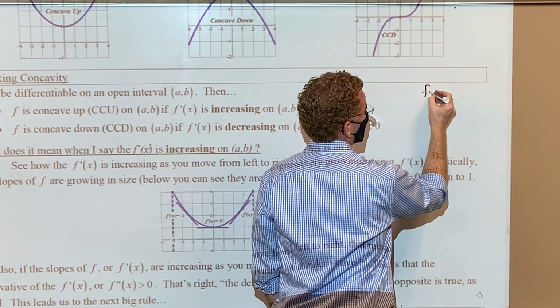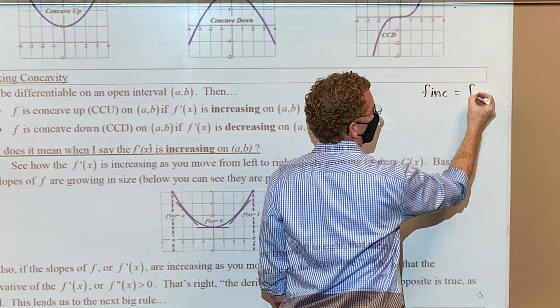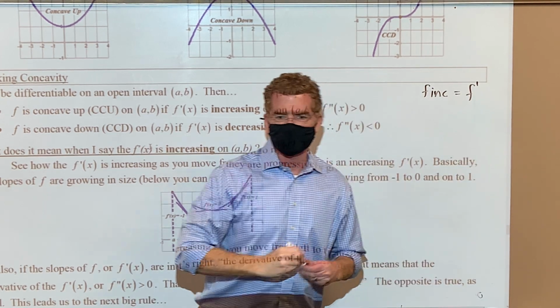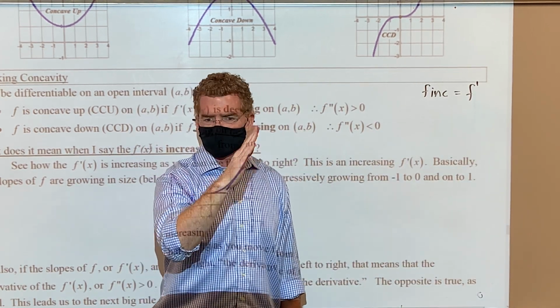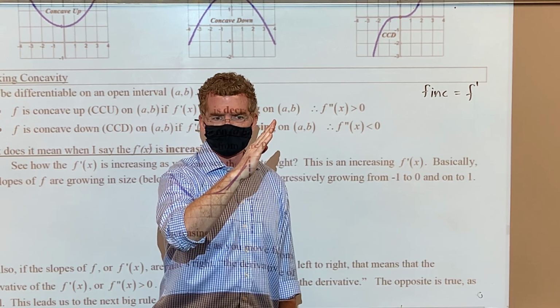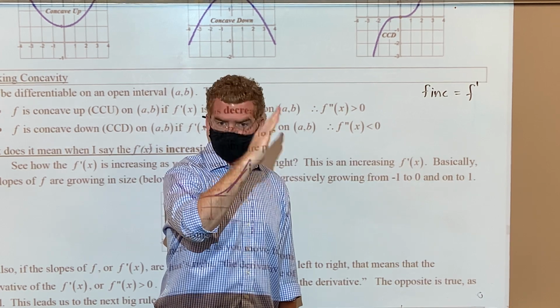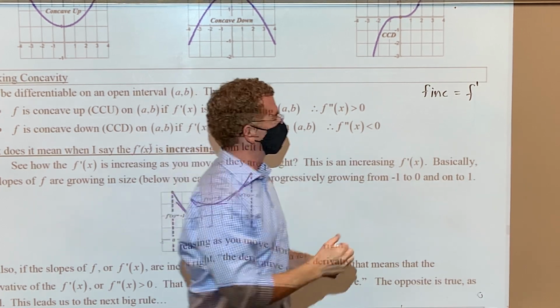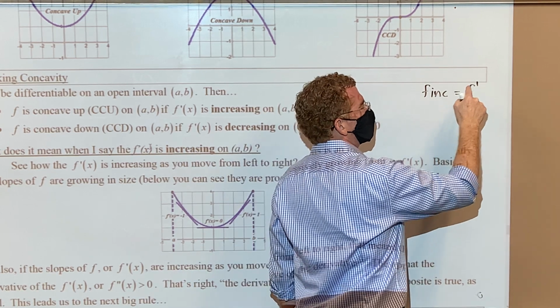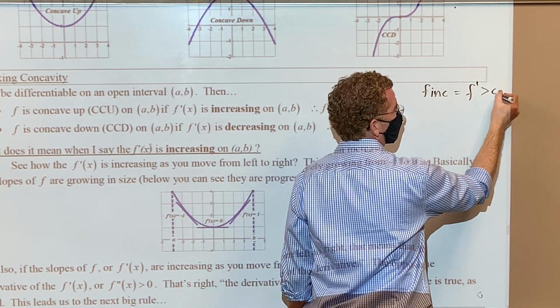If f is increasing, what does that tell you about the first derivative? If a function is increasing, what does that tell you about the slopes there? Does everybody see that? If a function increases, the derivative, or the slopes, are positive. So, function increases, the derivative of the function, which is the slopes, are positive.